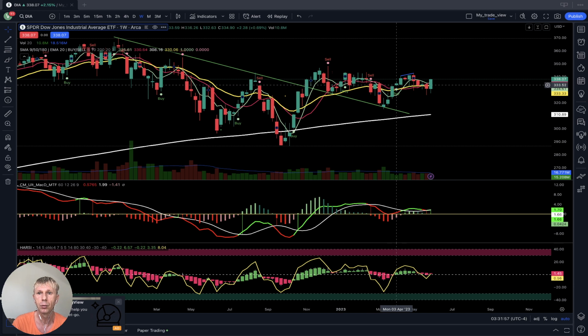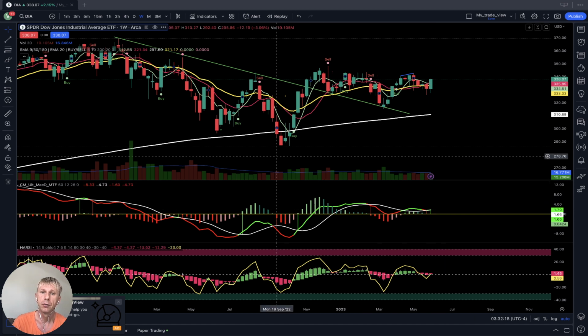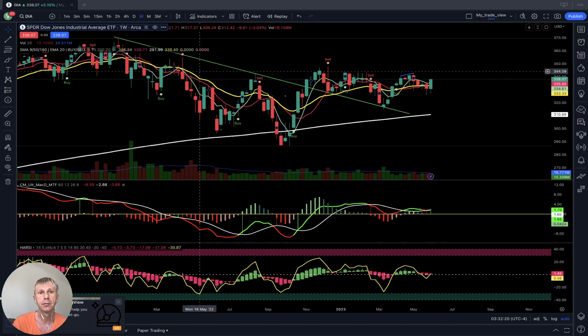Even for several weeks it's flat around the same level between 340 and 320. It's dancing around this area at the MA20 for last 10 weeks, for last 3 months. Kind of neutral, kind of flat. It was bearish, now it's flat.